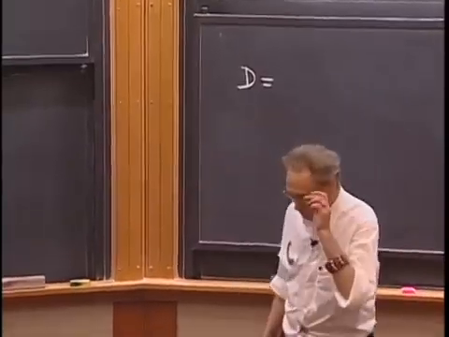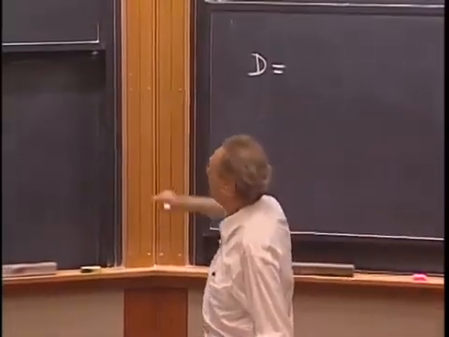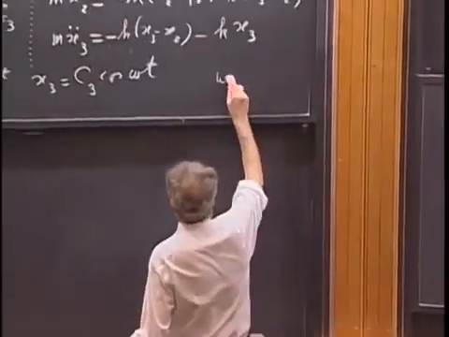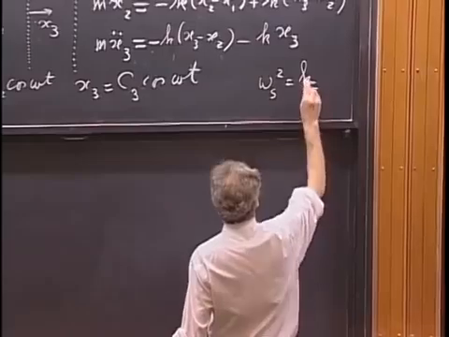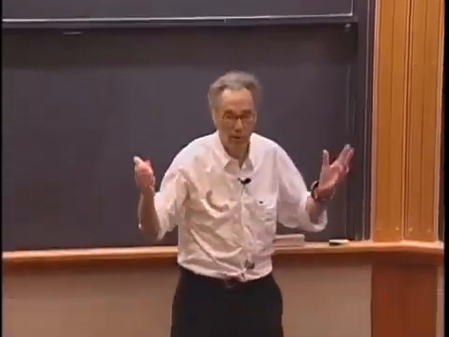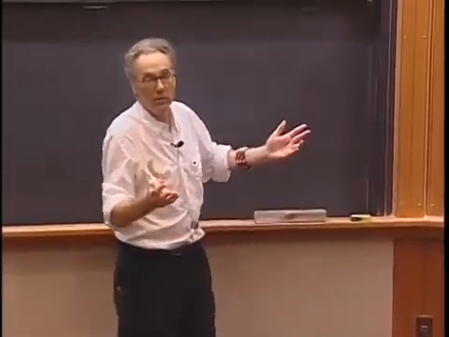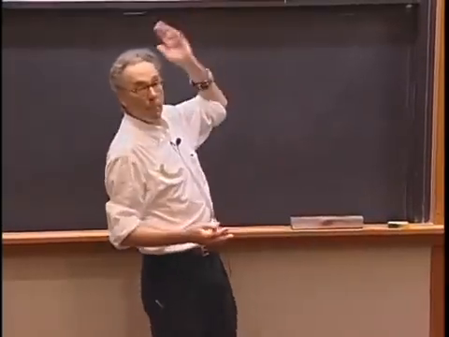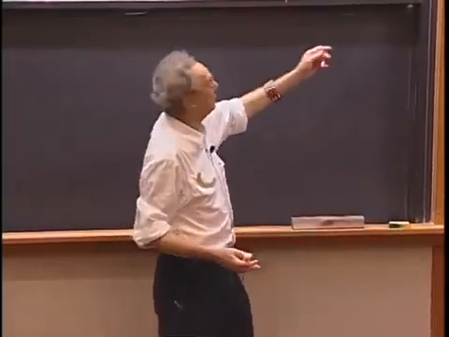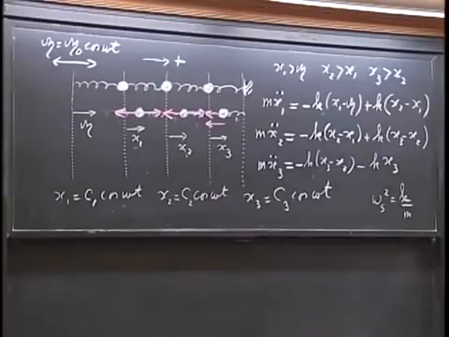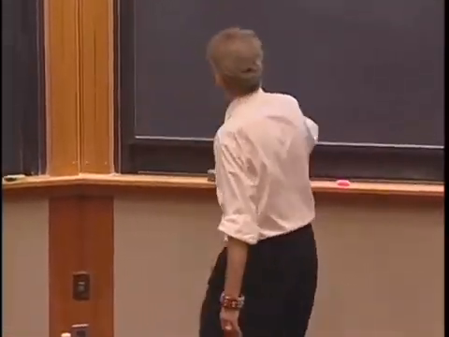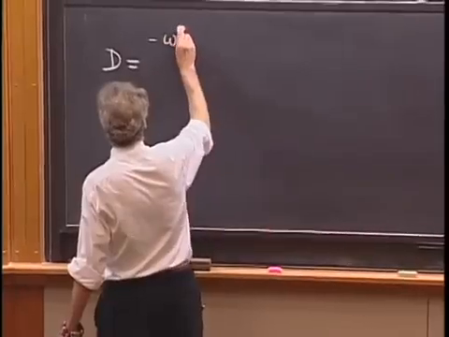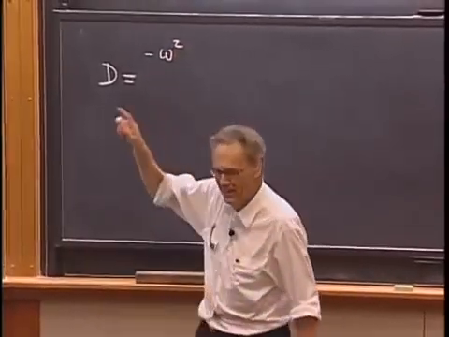And so the D is going to be, so you have to divide by m, you have to also define omega s squared as k over m, shorthand notation. Some of you may want to call it omega 0, that's fine, because there's only one. There are only springs, there are no pendulums and springs, but I still call it an S to remind you that it is the resonance frequency of a single spring. Then my D becomes minus omega squared. That's always the result of that second derivative, remember?